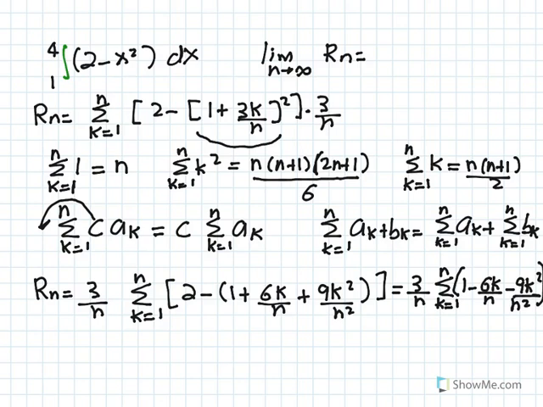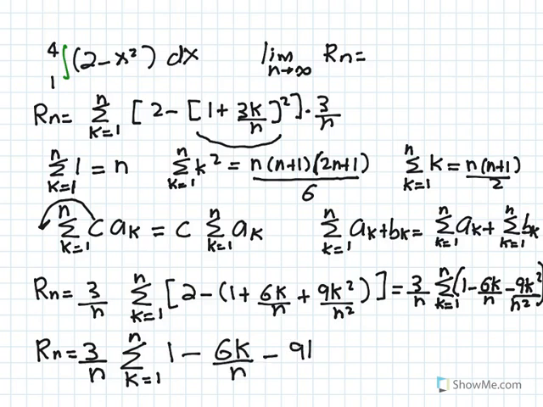All right, so what we have is Rn is equal to 3 over n, summation, k goes from 1 to n, of 1 minus 6k over n minus 9k squared over n squared. We're going to simplify this.